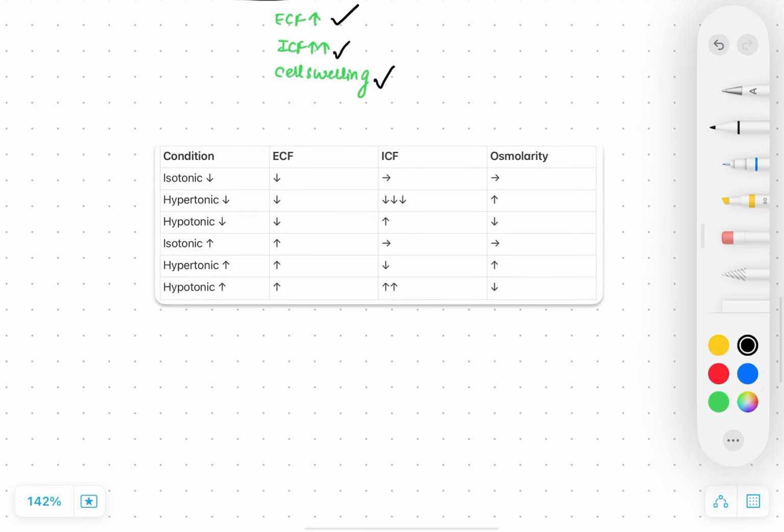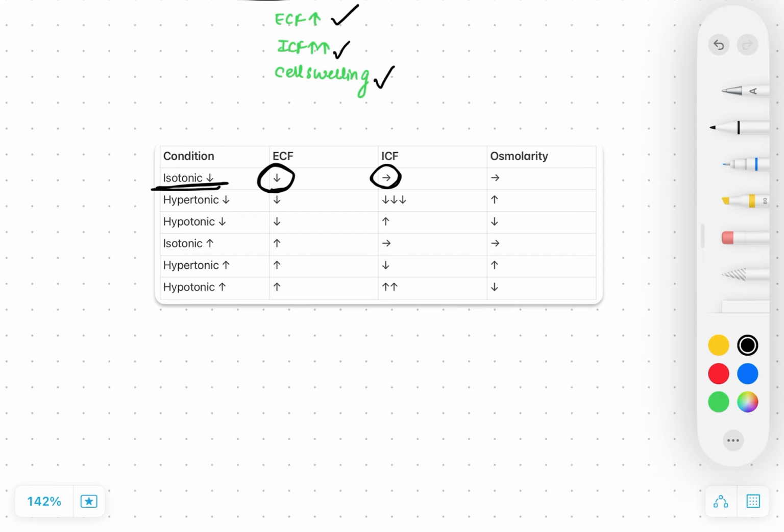So in gist, if there is isotonic volume loss, there will be no change in the osmolarity of the ECF, but the volume of the ECF will be reduced. Since there is no change in osmolarity, the ICF will be normal. In hypertonic contraction, if there is a loss of more solvent than solutes, then the ECF will be reduced and osmolarity will be increased.